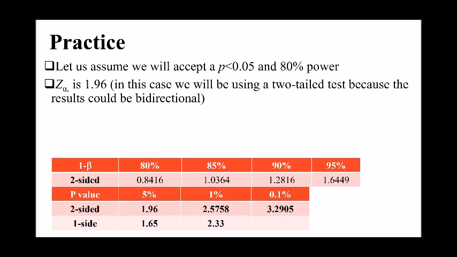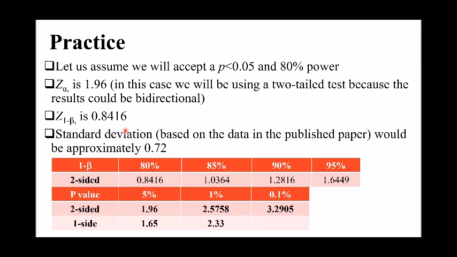So from the table, we will use the alpha level of 1.96 because it's a two-sided study. And the beta level, we will use this one, 80%, because it's a two-sided study. The standard deviation based on previous studies is 0.72.